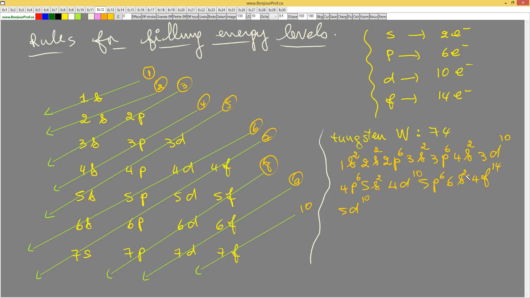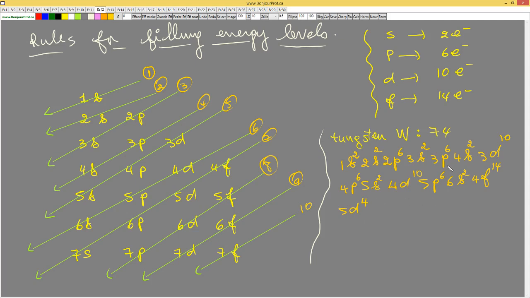So 56, 64, 70 here. So 70, there are only 4 left. So I can't put 10 here because it will be too much. So I have to put 4 here. This is the electronic configuration of the tungsten.